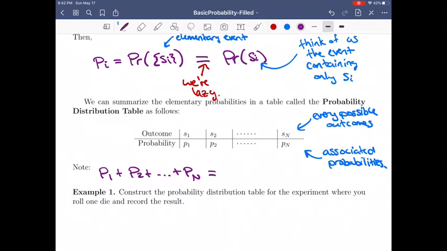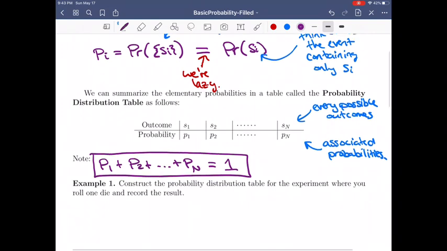So it turns out that if we add up all these probabilities, we should always get 1. This is true for all probability distribution tables. So if you are making one and your probabilities don't add to 1, it means that you either made a mistake computing a probability or you're missing an outcome. That can be a way to tell that you've done something incorrectly.